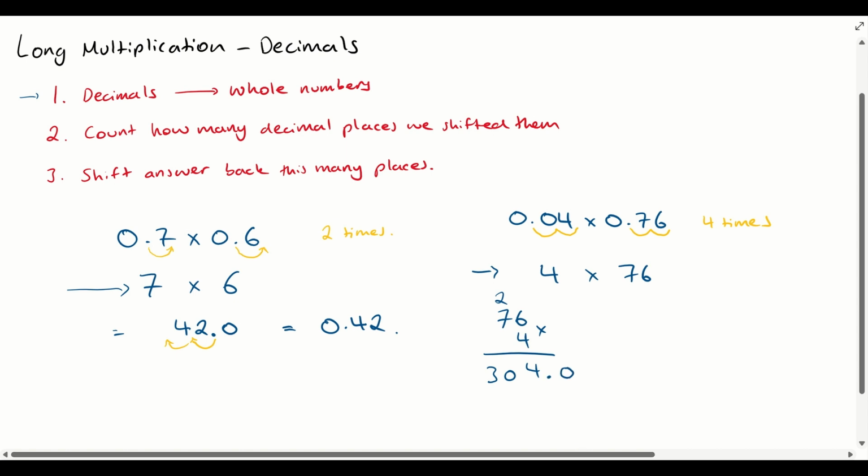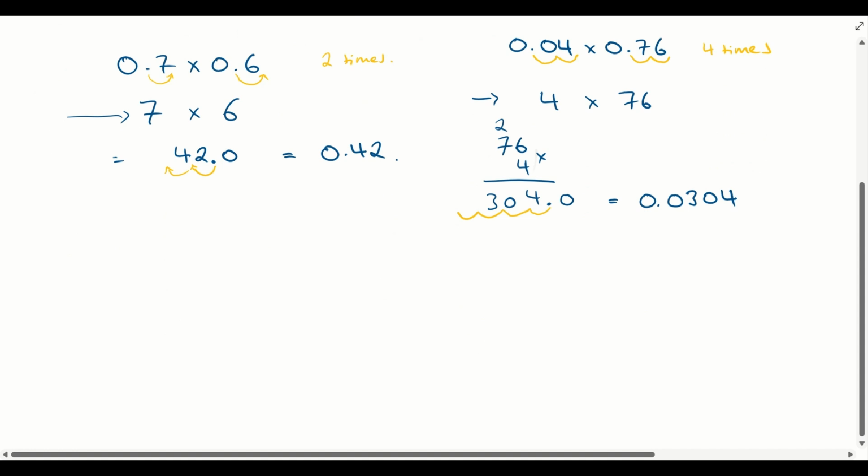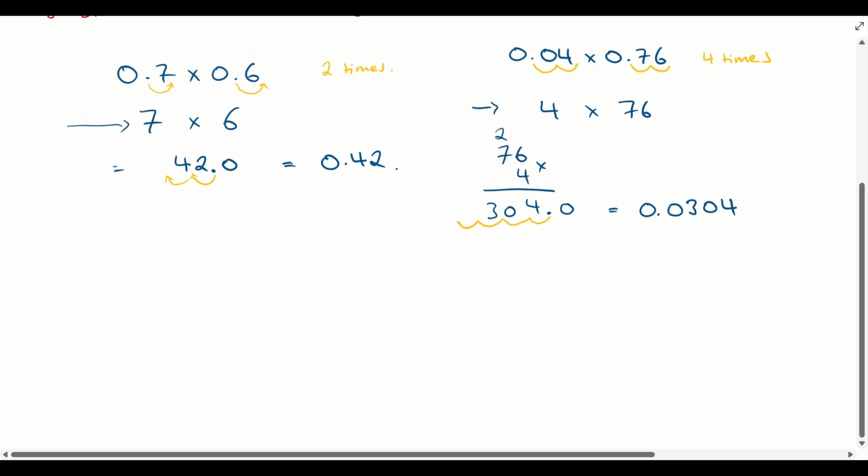We have to shift this decimal place back 4 times. 1, 2, 3, and then another time after that. So our answer will be 0.0304.